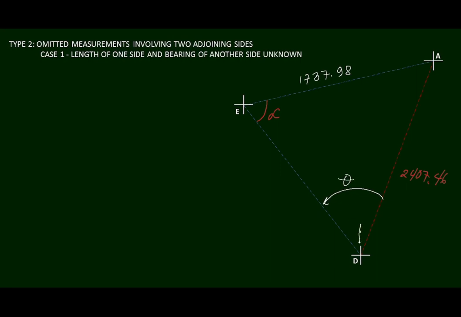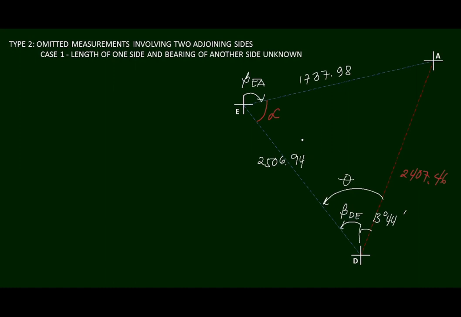Given na itong bearing ni DA is 13 degrees, 44 minutes. Ito ngayon yung unknown bearing ni DE. And ito rin yung isa pang unknown bearing ni EA. Given yung length ni ED, that is 2,506.94.